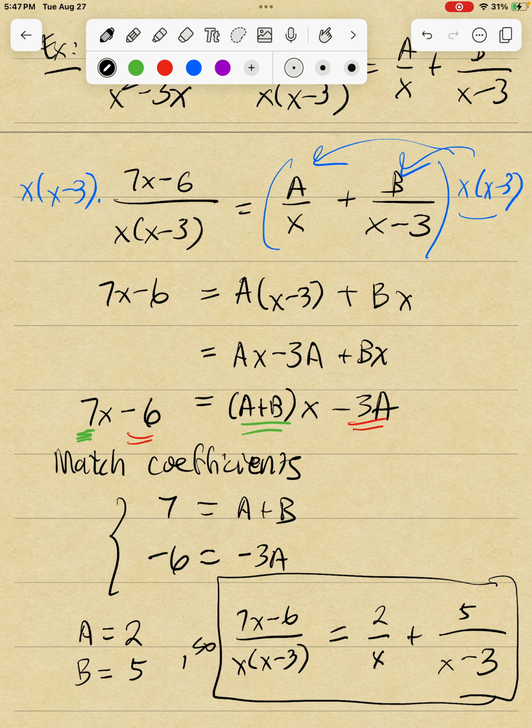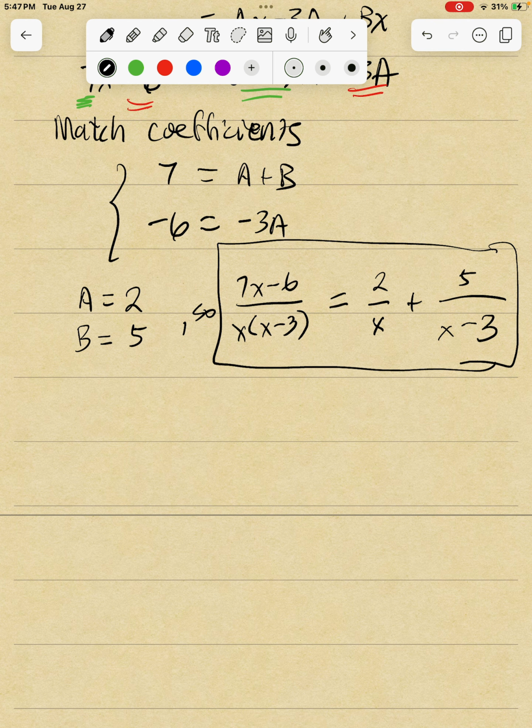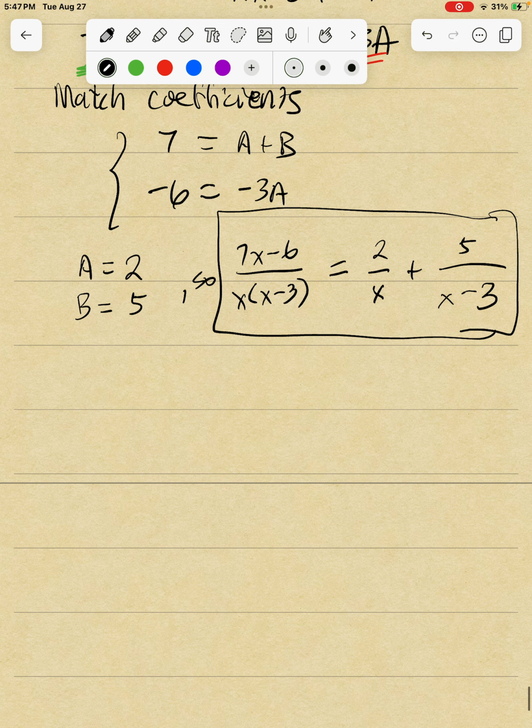So that's the easiest case, and in another video I'll explain what happens in more complicated cases. So let's just do an application. Here's something that you might see in a calculus class. Let's say that you had to integrate 7x minus 6 over x squared minus 3x.